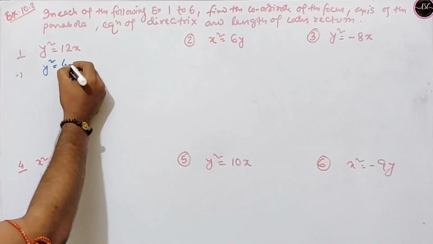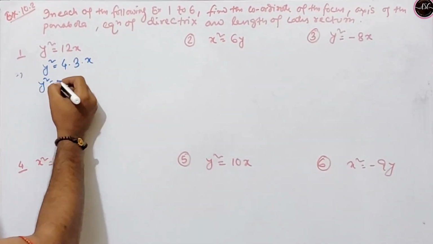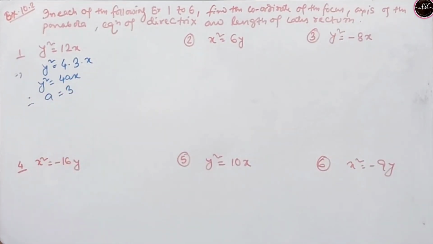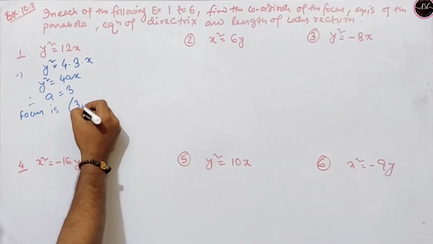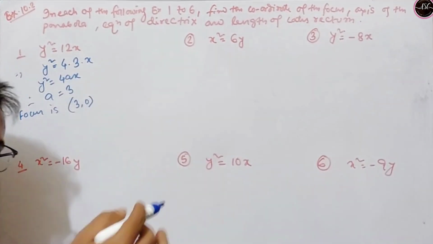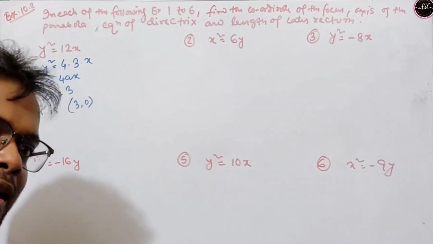This can be written as 4 dot 3 dot x. If we compare this with y square is equal to 4ax, therefore a equal to 3. So the focus is (3, 0). Why? As the coefficient of x is positive, the parabola opens at the right side.